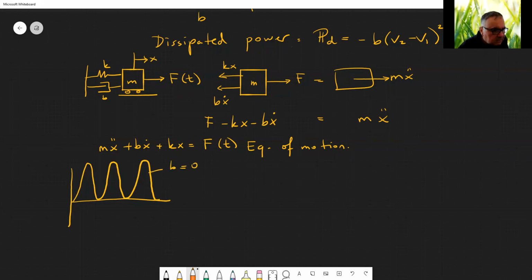If B is not 0, you are going to have oscillations, but eventually those oscillations are going to die out. This is B greater than 0. If f of t equals f0.